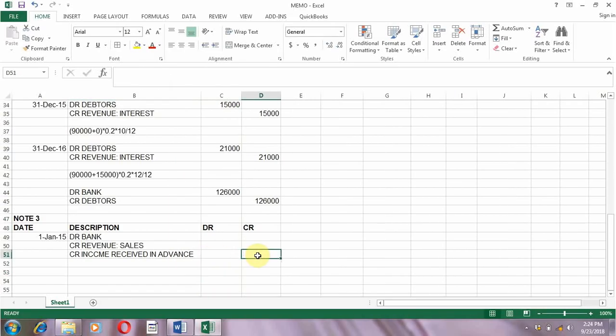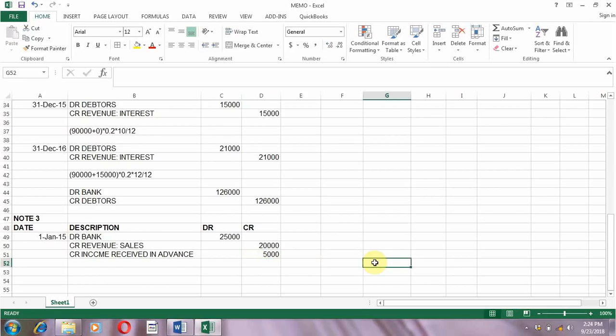The income received in advance is quite simple. It is the fair value and it was given to us as 5,000 Rand. The bank account will be the total, and they say that it's 5,000 Rand for a cupboard, and there's 5 cupboards that are sold. So it's 5,000 Rand times 5 cupboards gives us 25,000. The balancing figure will go to sales, and that is then 20,000.